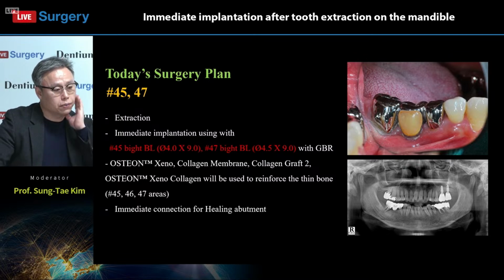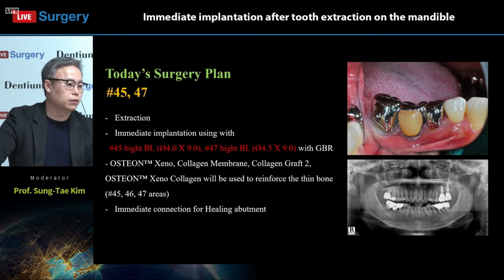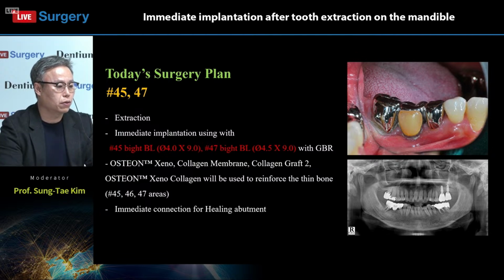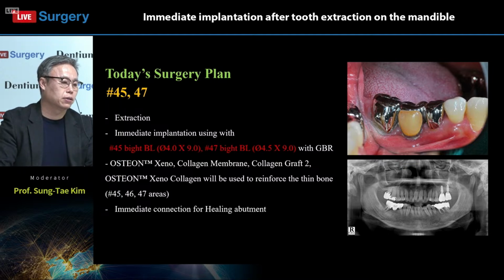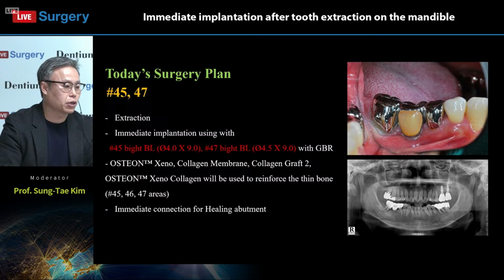We're going to use bone graft, xenogenic and osteogenic, and collagen membrane, for increasing the thickness. We're going to use a collagen matrix, and a collagenated bone graft will also be used. Nowadays, we are applying a combination of particulated bone graft and collagenated bone graft.